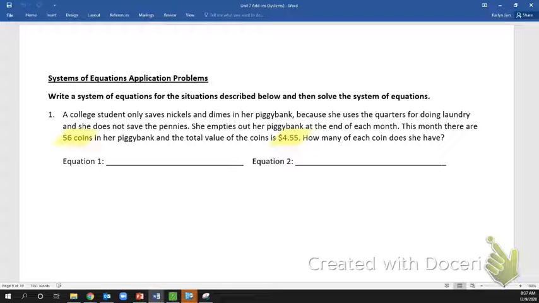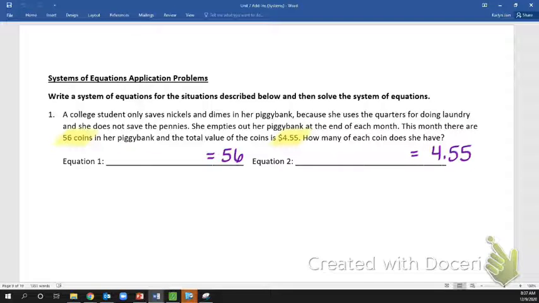Because if you are given those values, your equation is always going to be equal to those numbers. So since one of our totals was 56, one of our equations will be equals 56. And since the other total they gave us was $4.55, the other equation will be equal to $4.55.